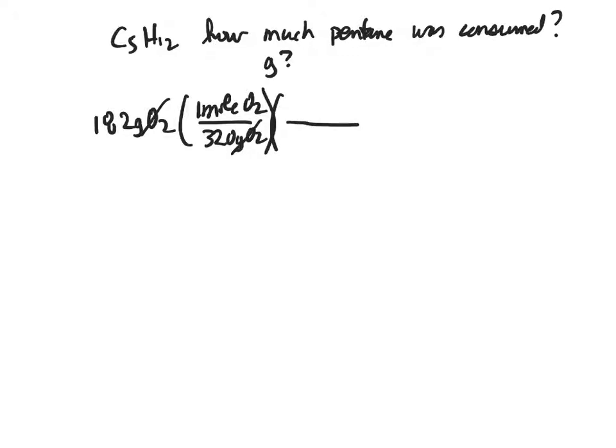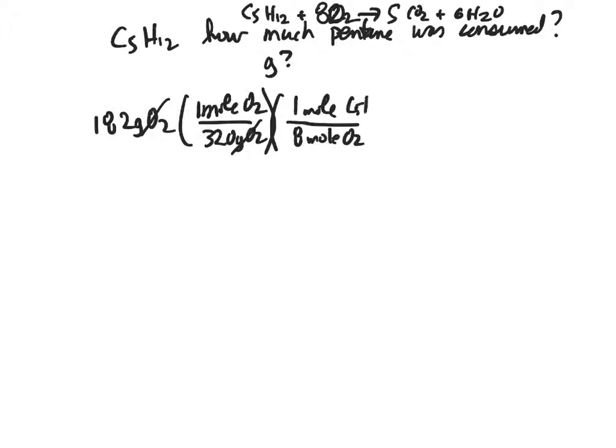Now we need our stoichiometric ratio. We go back to our balanced chemical equation that said that C5H12 plus 8 O2 react to make 5 carbon dioxide plus 6 water. And so for every 8 moles of oxygen, we consume 1 mole of pentane.